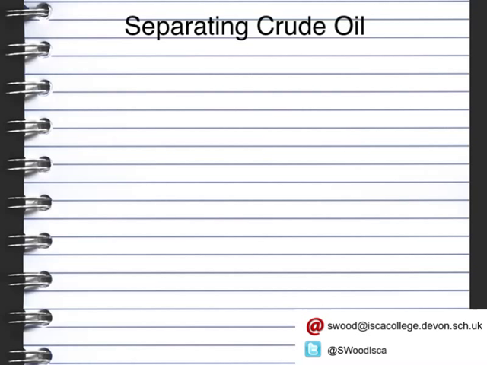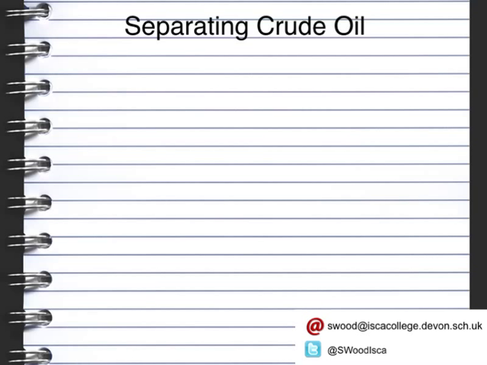The crude oil itself, the black liquid, is absolutely worthless on its own. However, when we get the individual parts or the fractions of the oil, then we can actually get some really quite useful chemicals. Now everything in the crude oil is something called a hydrocarbon.